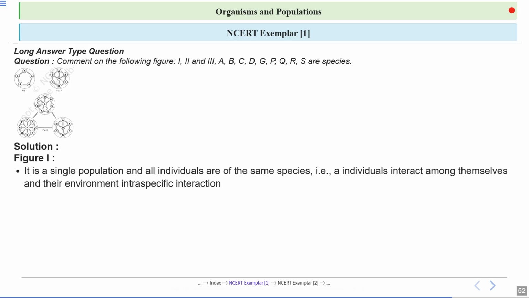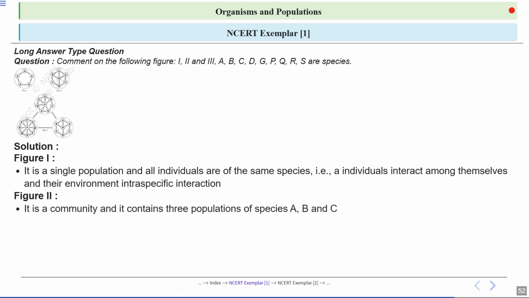Okay, so in figure 1, we see that all individuals are from the same species, which means they form a population. So these individuals interact with each other and with their environment as well. Now this type of interaction where members of a species interact is known as intraspecific interaction.